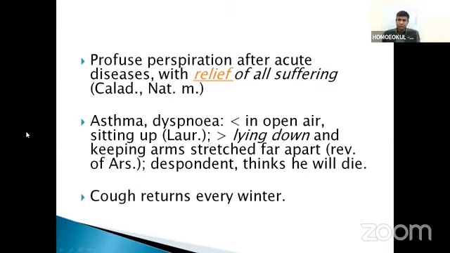Is it clear? Okay, so asthma better by lying down Psorinum, that croup better Kali bichromicum, and also you get Manganum metallicum in bracket of Hyoscyamus. Now open Ferrum metallicum.